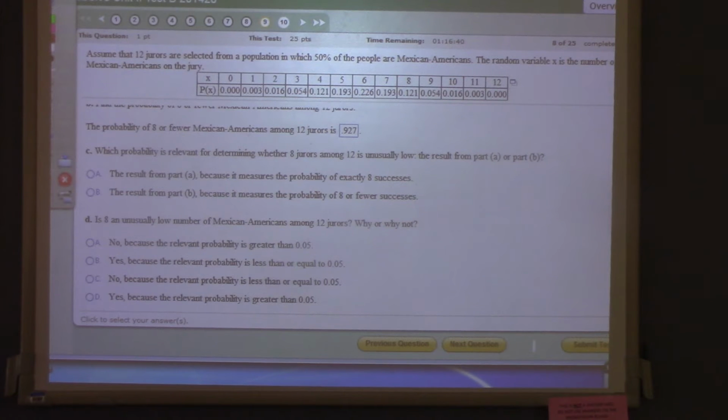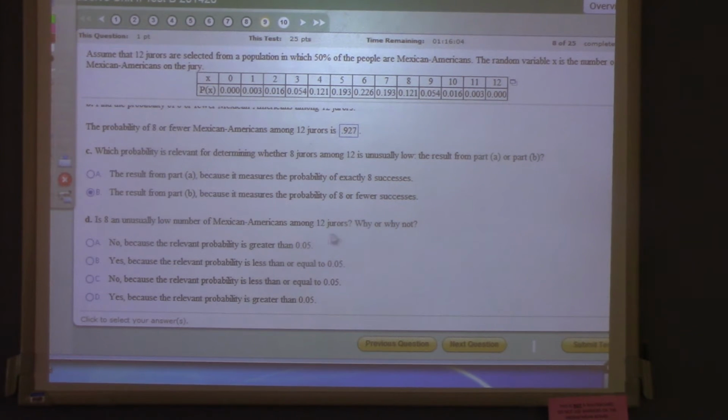Exactly 8 is 0.121. I would say less, 8 or less, wouldn't y'all? Because the chances of 8 exactly is going to be much more unusual than that. That's common sense, but I'm not going to say I'm going to get it right, not with this book. So that's why we're changing books. I would say 8 or fewer. Mark that one because I'll probably get that one wrong.